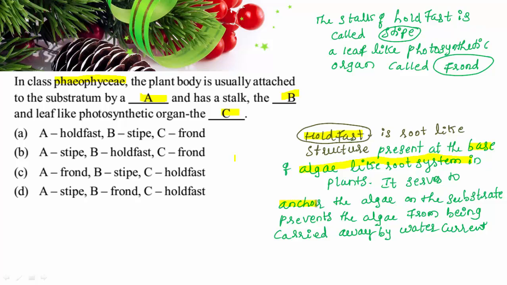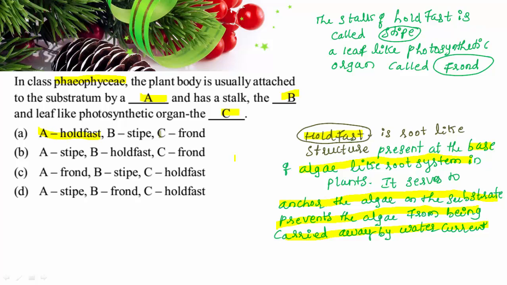Anchor means holding. It anchors the algae on the substrate and prevents the algae from being carried away by water current. So holdfast is a root-like structure which is attached to the substratum. So A is holdfast. In the given question, A represents holdfast.